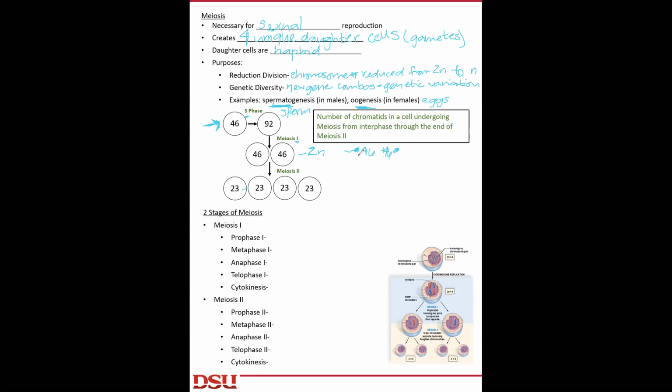Well, then when these guys fused, we'd end up with some random organism that had 92. That's not human, right? Humans have to have 46. That means that meiosis actually has to happen twice because we've got to get this number down from 46 to 23. So there's going to be a second division process right here.